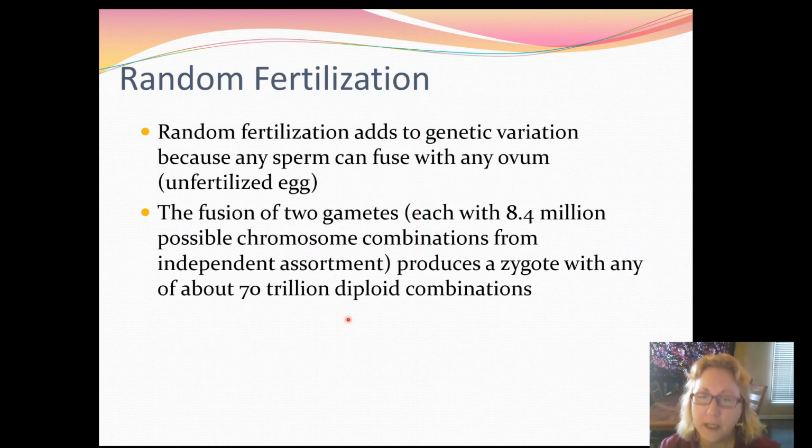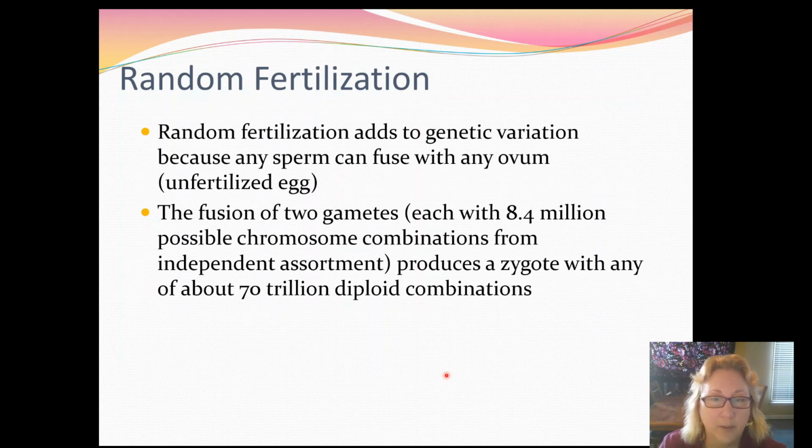So for any 2 people who are reproducing, we can produce up to 70 trillion different diploid combinations. And that explains why even in families where there are a large number of siblings, none of them are going to be genetically identical, because there are just way, way, way too many possible combinations.